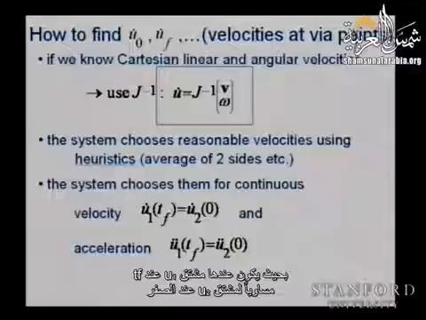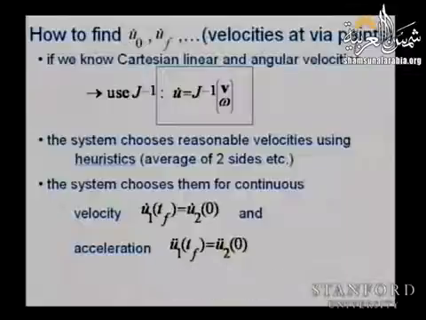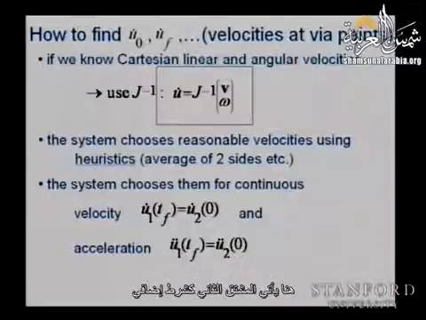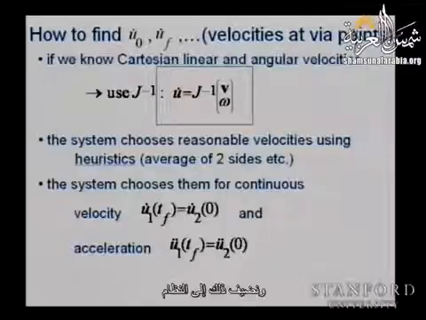So then u1 dot at t sub f will be u2 dot at 0, right? Because it's the same velocity, and we probably want the same acceleration as well. So then here the second derivative comes in as an additional condition, and we add that to the system. Okay?